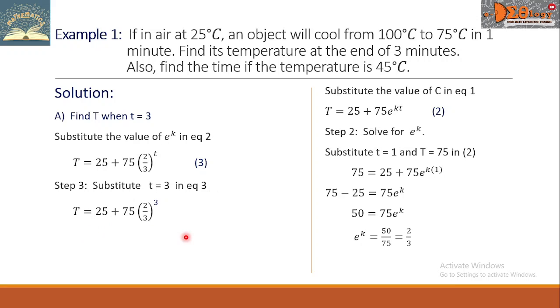So it becomes like this. We can use our calculator to simplify this, and we will get the value of capital T. And the value is 47.22. Remember that this T is a temperature, so we write our unit in degrees Celsius. This is our answer in problem letter A.